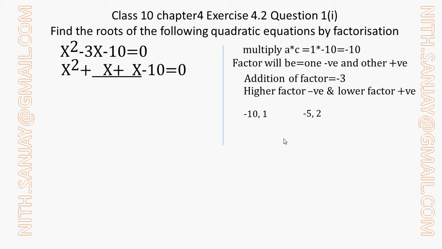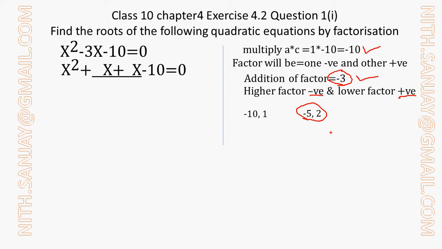Next what I will do is I will look for the next factors. Next factors are 5 and 2, right? I will keep 5 negative and 2 positive. Why will I do that? Because from the above conditions the higher factor should be negative, the lower factor should be positive, so that they can add up to negative 3, right? So now these two numbers are satisfying both conditions, right?